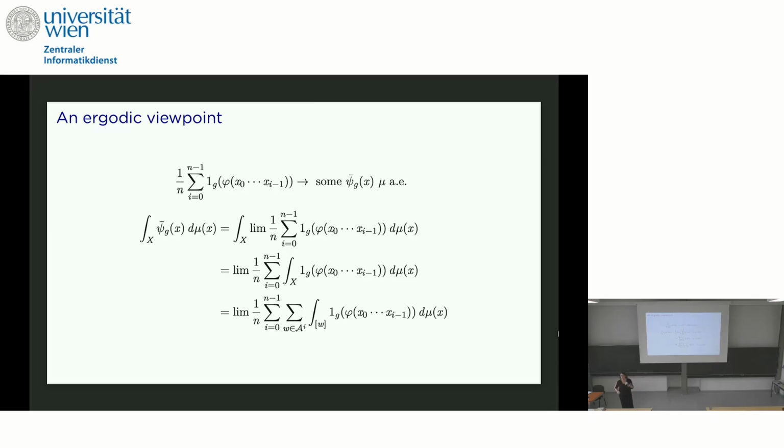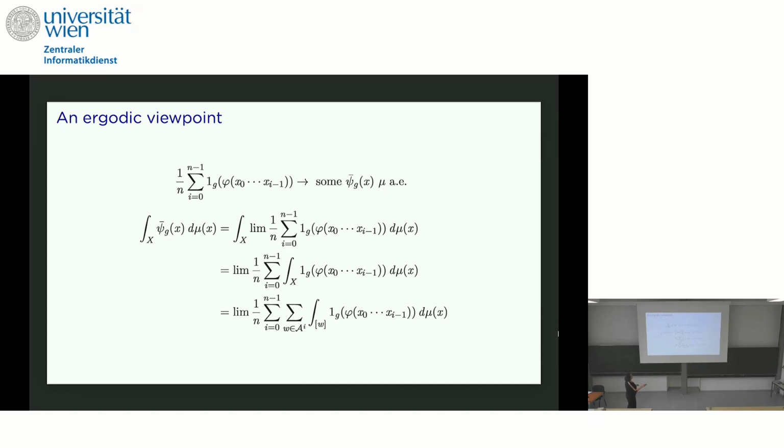By definition, the skew product sees what happens on the first coordinates. So to understand how it behaves when we integrate it on the shift, it's just to understand how it behaves on cylinders of size A. So we understand this mean value on the shift.